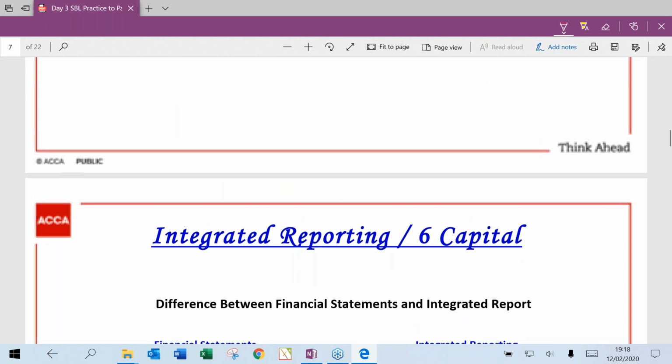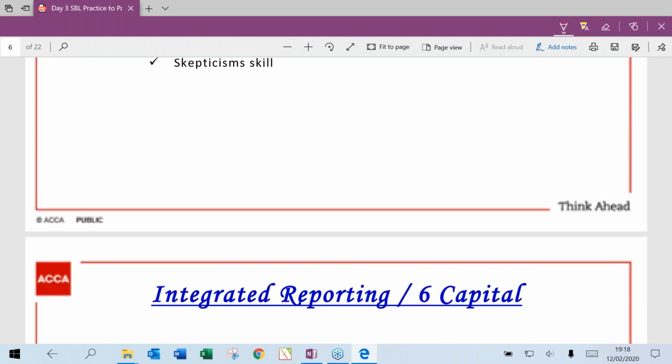Okay, so do I have your attention? Okay. Integrated reporting and 6 capital. First of all, we are finance students, we are accountants, so we always deal with financial statements, right? We are gurus, we are experts in preparing financial statements, we are experts in analyzing financial information, right?